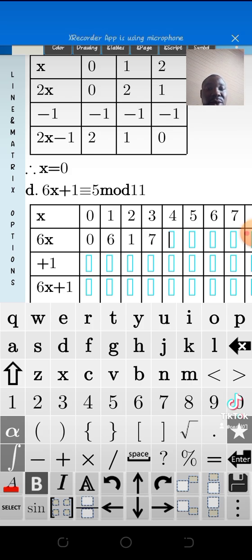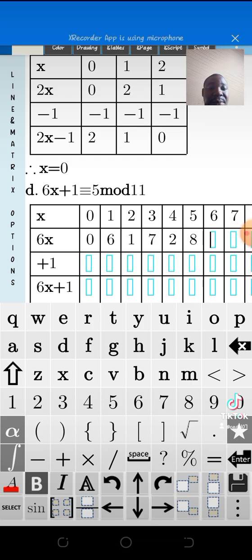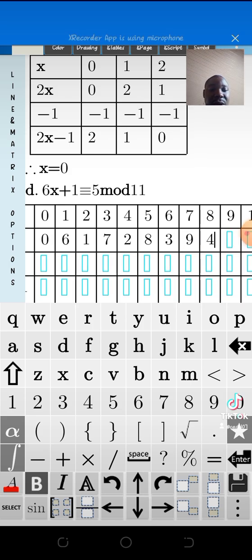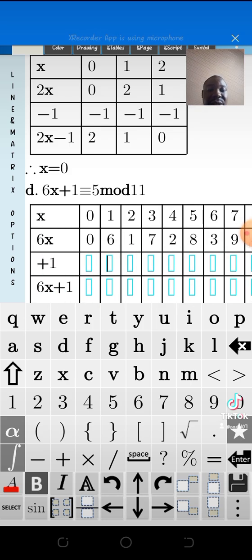You already know what I'm doing. So this is 2, this is 8, then this is 3, and this is 9. This is 4, and this is 10. And then this is 5. The idea is, once you multiply and discover that the value is bigger than the mod, you divide that value by the mod and then pick the remainder. That's how to get those values there.